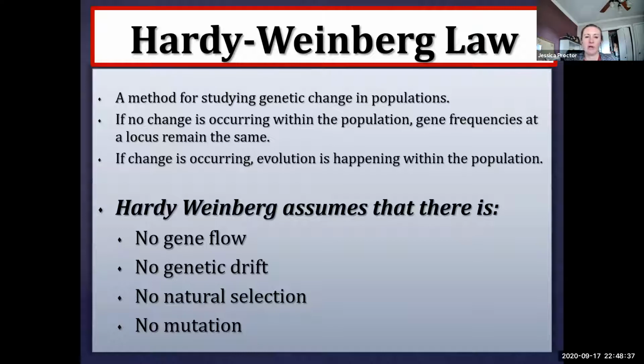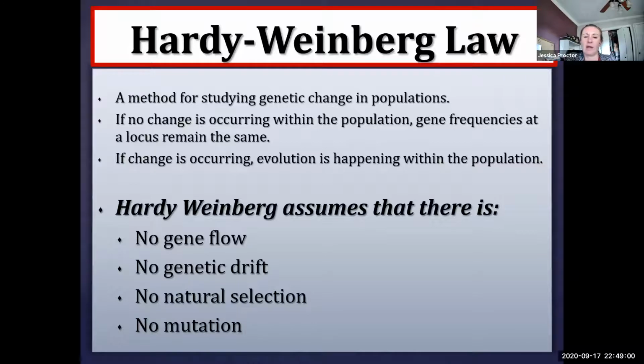Okay, so Hardy-Weinberg Law is essentially a method for studying genetic change in populations. So you're studying evolution. Remember, evolution is studying the rate of gene frequency changes from generation to generation. If no change is occurring within a population, gene frequencies at a locus, remember a locus is the location on the chromosome, will remain the same.